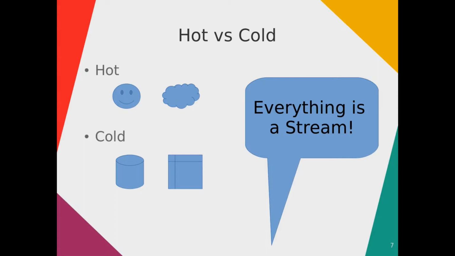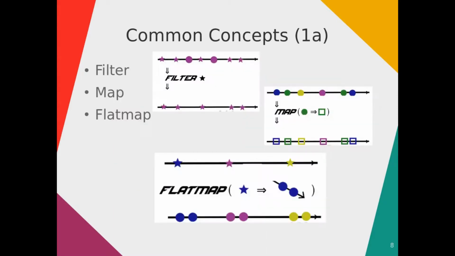Now, when using reactive streams, everything can be converted into a stream, and that is the entry point to the library. In other words, when you start using it, your mindset has to be to convert everything into a stream, even if it's one item. We'll get to some examples later.